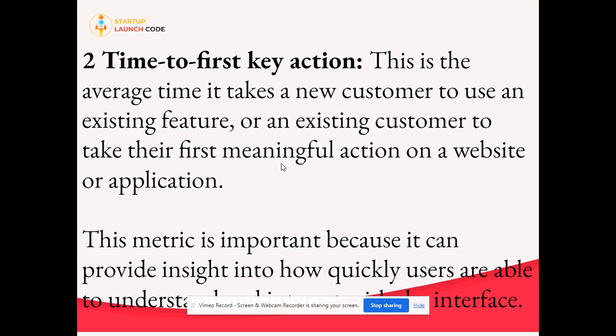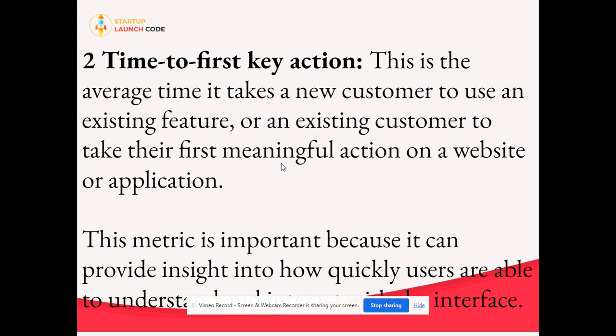The next important metric is time to first key action. For every product, especially software as a service product, there is always a key action that you consider to be important for your business. Let's say, for example, you run a fintech startup.